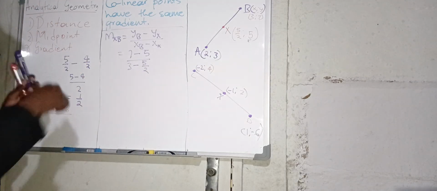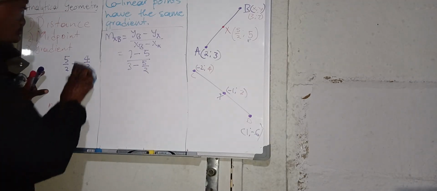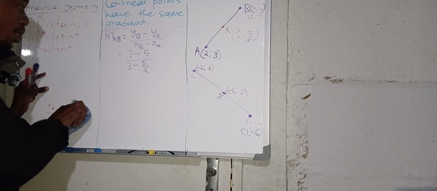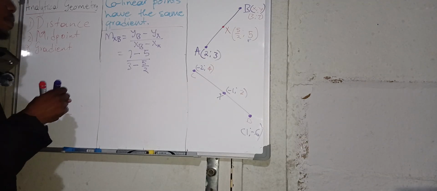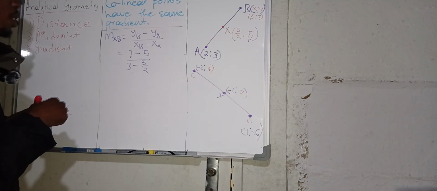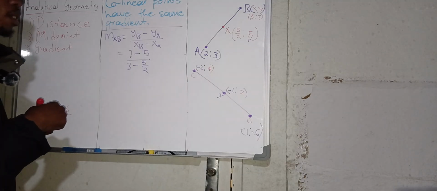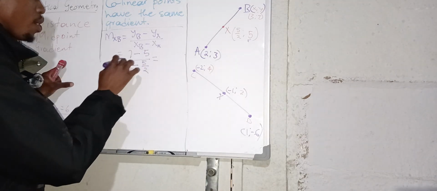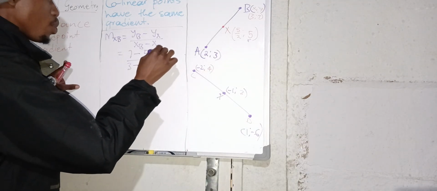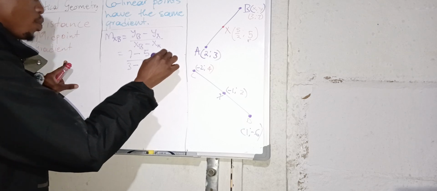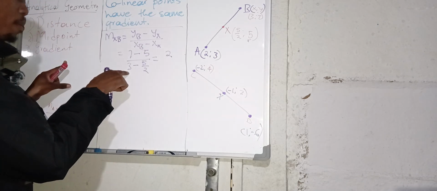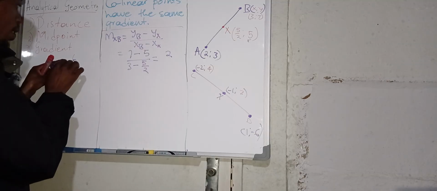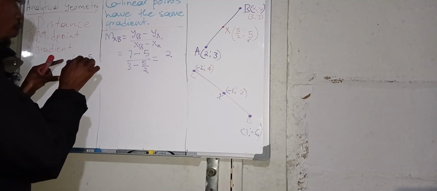So now I'm going to erase this part such that I can calculate here. I have a calculator, but I enjoy doing this part. Okay, so 7 minus 5 is going to give me a 2. All right, and then here 6 divided by 2 is going to give me a 3. So I have 6 over 3 minus 5 over 2.